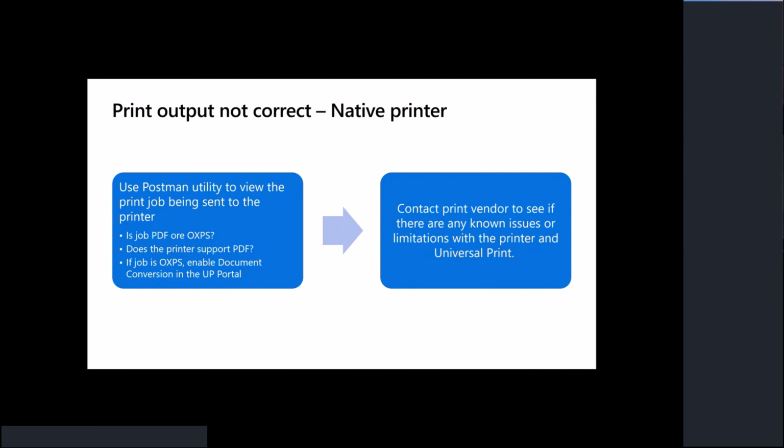If you want to look at it to see, I had one case where they were complaining about collation. Collation was not working, but they were printing from Business Central, and I used this particular tool to look at the PDF file that was being sent from Business Central to Universal Print. And it turns out it was being sent rather than as a 2-page job with copies equals 2 and collate being true.